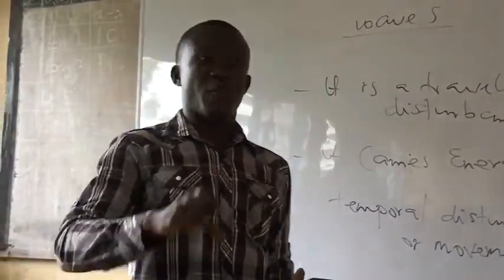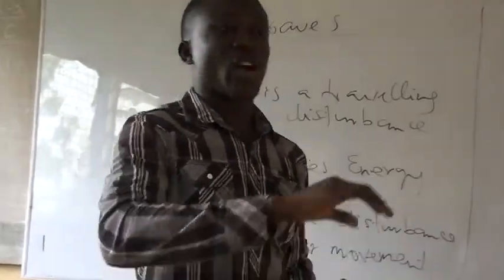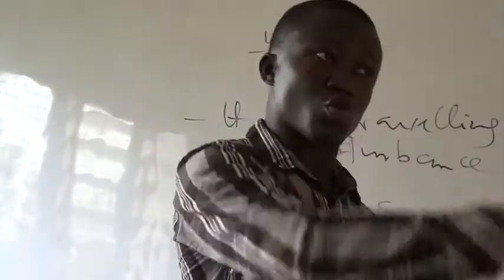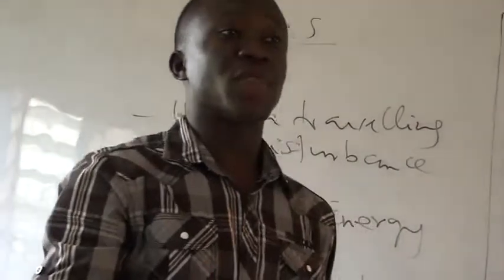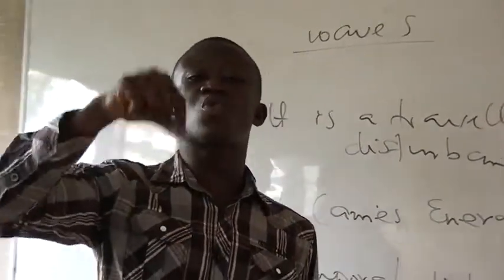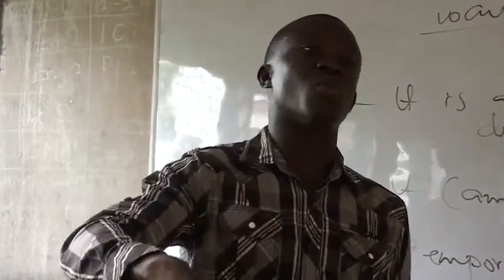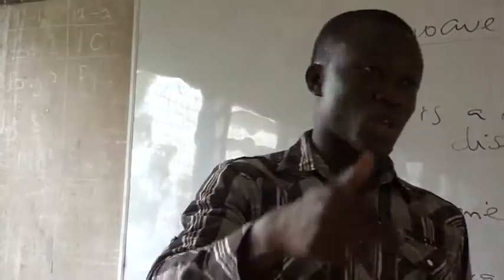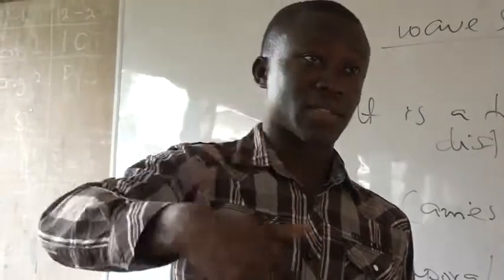Now, the medium is made up of particles. The overall movement of the medium, if it is water, what you see the water doing, which you call a wave, is as a result of the individual movements of the particles of the medium. So if it's water, for instance, the particles of the water are going to vibrate.